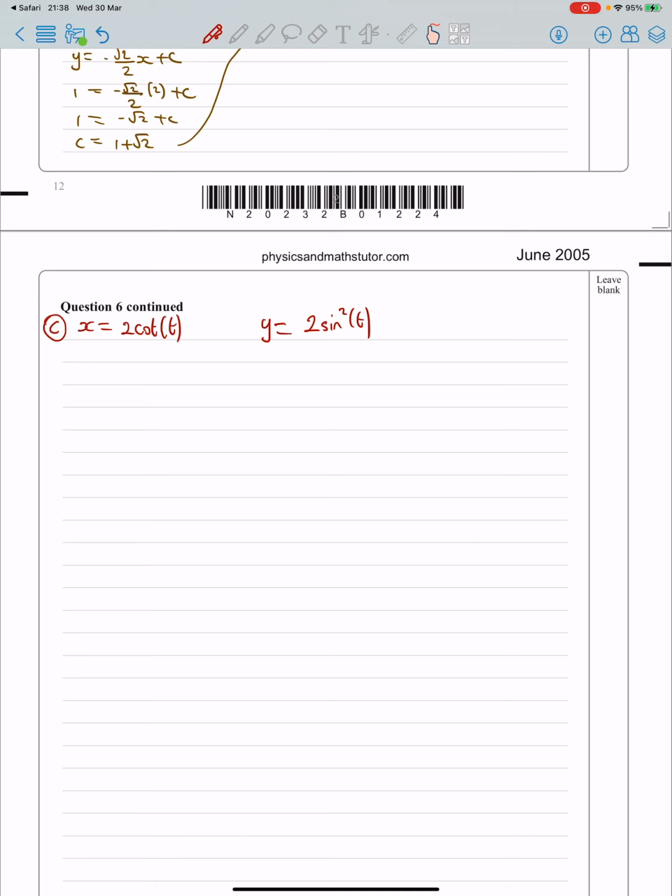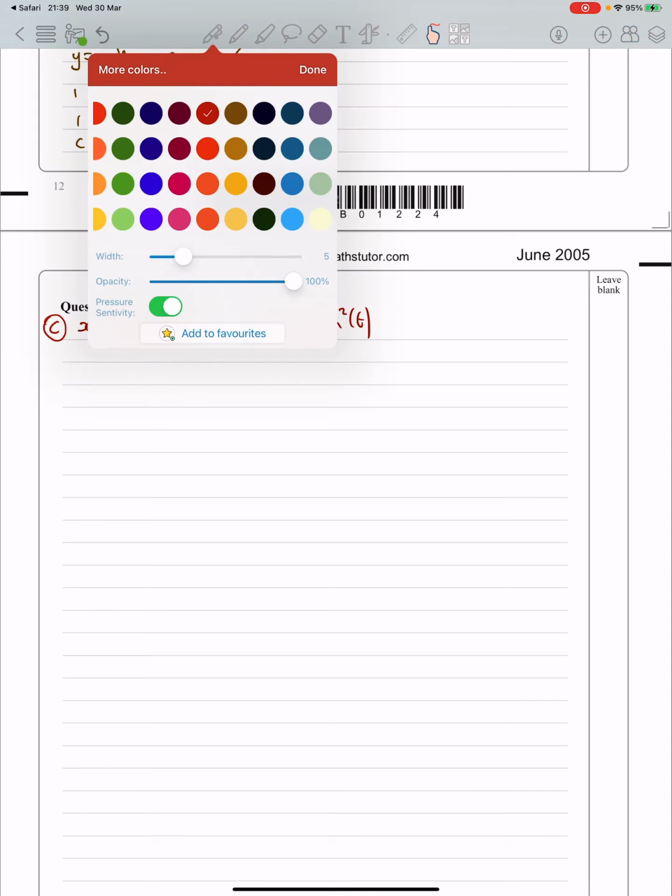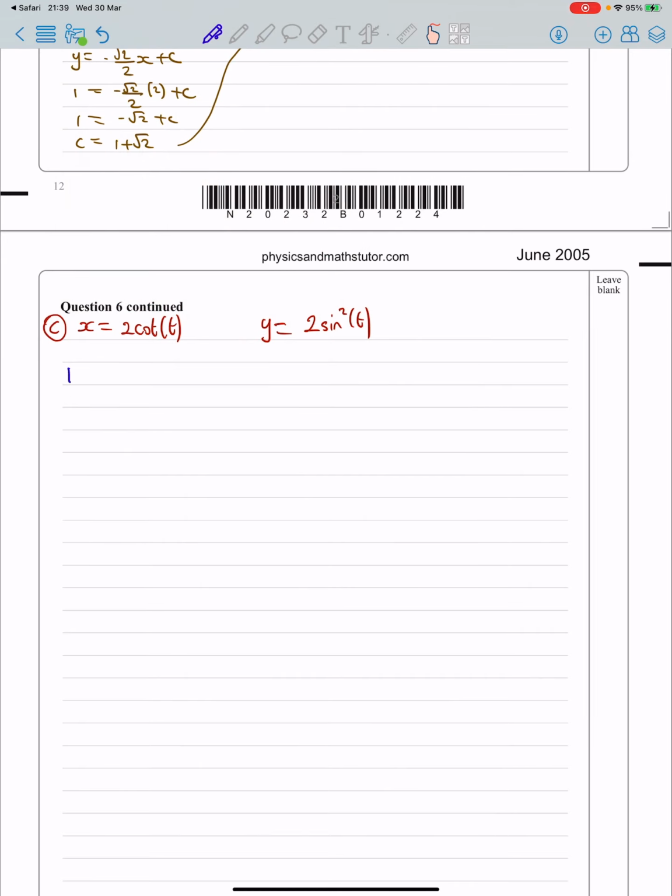We are going to use trigonometric identities. And what I'm seeing here is a sine squared and a cot. Now, where's the relationship? Well, I know this identity is true: 1 plus cot squared of t is equivalent to cosec squared of t. And cosec squared, remember, is 1 over sine squared t. That's how things are linking here.